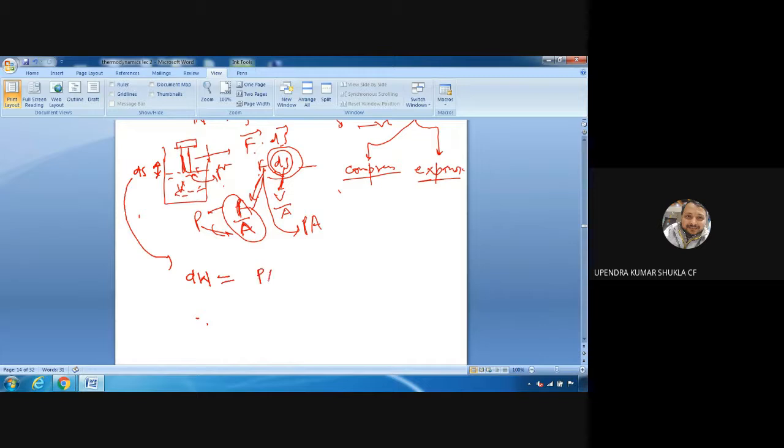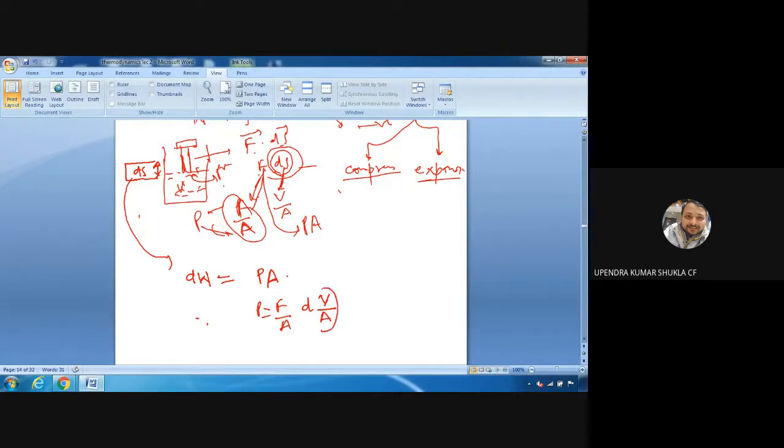Force is PA, because P is equal to F by A, multiplied by displacement. So how much displacement would there be? The change in volume of the fluid divided by area.